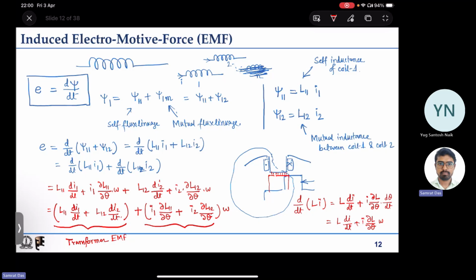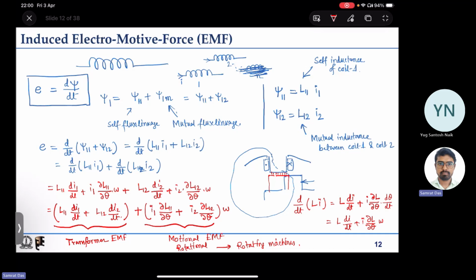Then there will be some induced EMF, which is called motional or rotational EMF. Motional is the more general term, meaning something is moving, either translation or rotation. If it is a rotating machine only, then it can also be called rotational EMF.